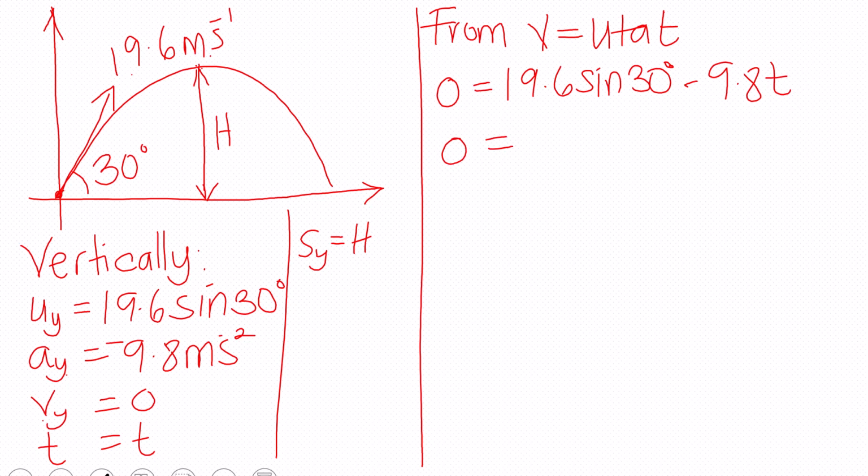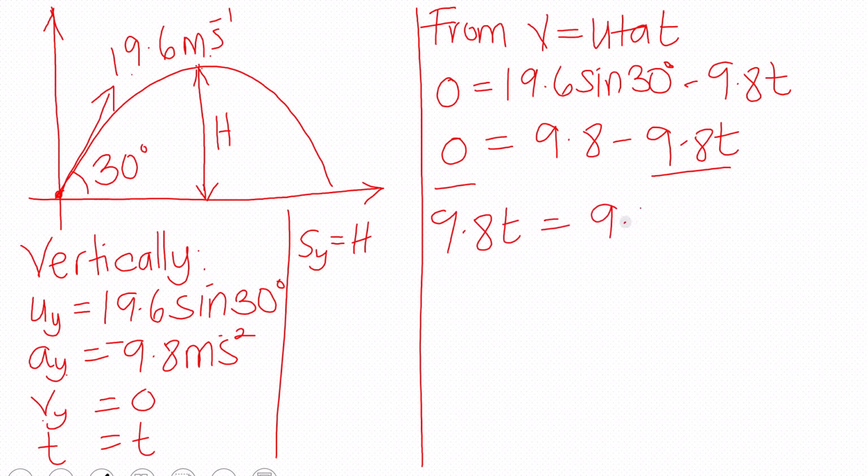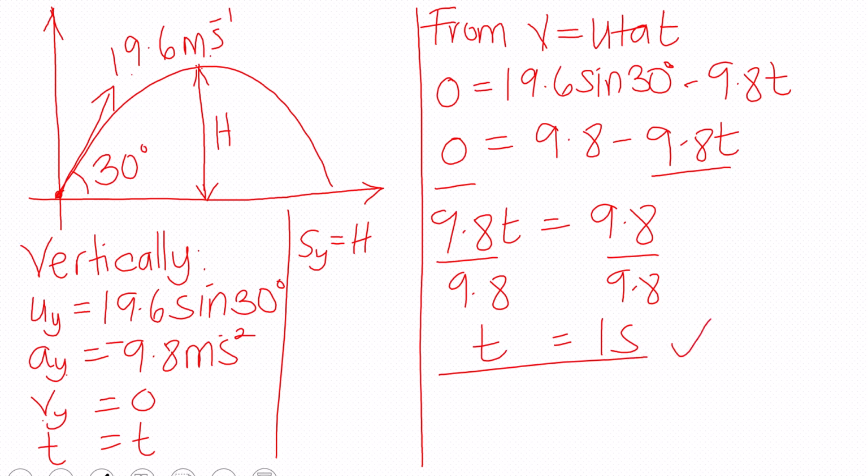Sine of 30 is a half. You will get 9.8 minus 9.8 t. So we bring this side, we shall have 9.8 t equal to 9.8, divided by 9.8, and you will have your t equal to 1 second. So after answering part A of the question, we get our time as 1 second.